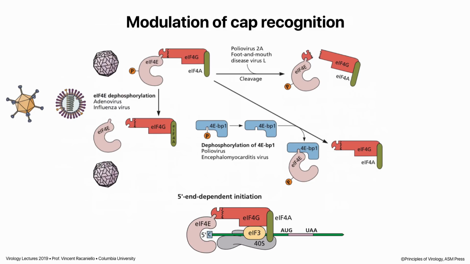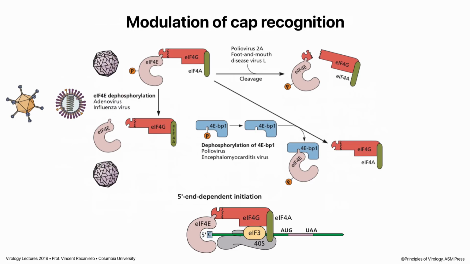And they're shown here, a number of different viruses. The one I really like is shown at the top, and it involves cleavage of EIF4G, which is that linker protein. Here's the cap binding protein, EIF4E. So look at the bottom here. The cap binding protein binds the cap, and it brings the ribosome via these protein-protein interactions.